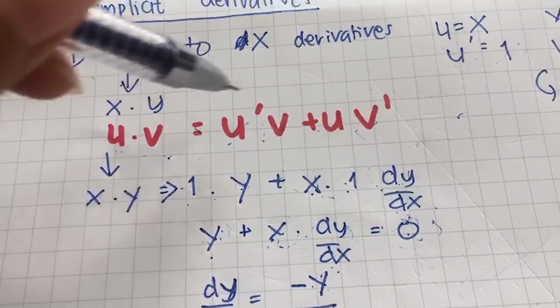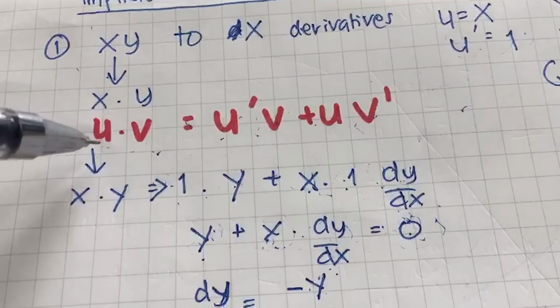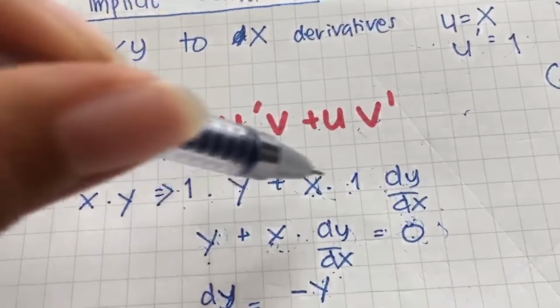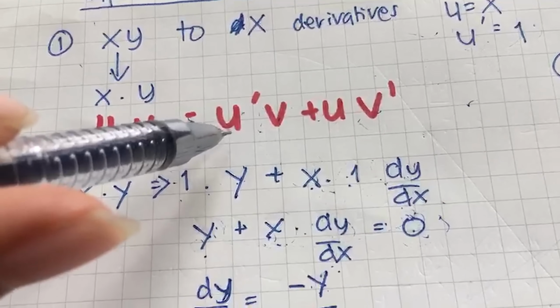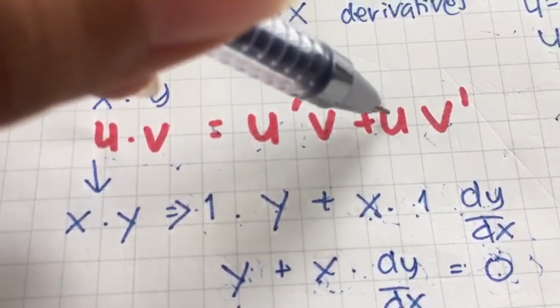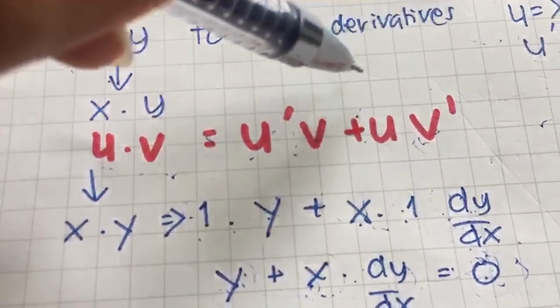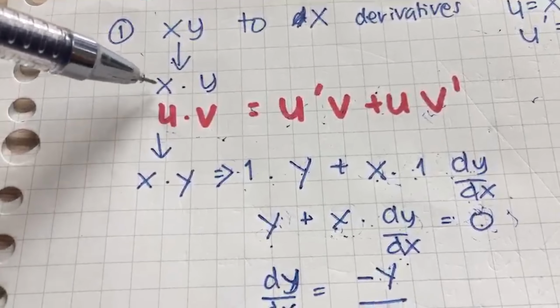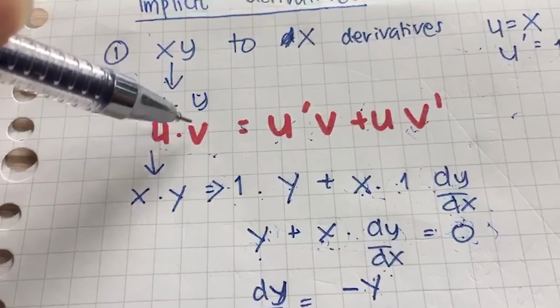So there is a formula, as we know, u times v, this is the derivative result: derivative of u times v plus u times derivative of v. So we can conclude that the x is u and the y is v.